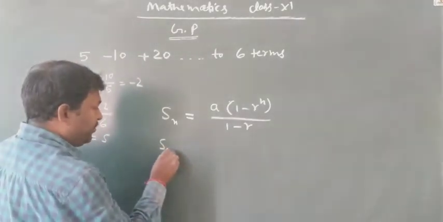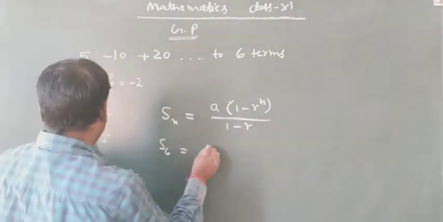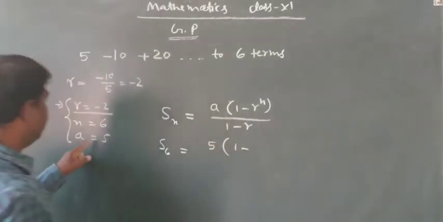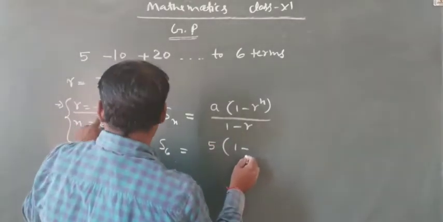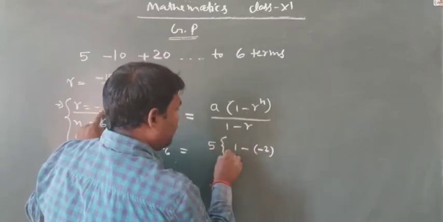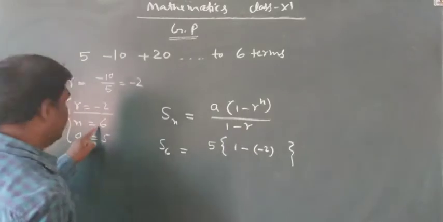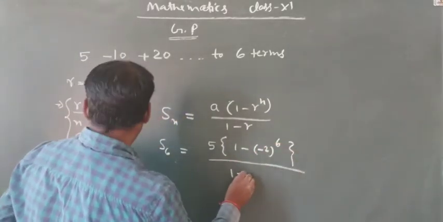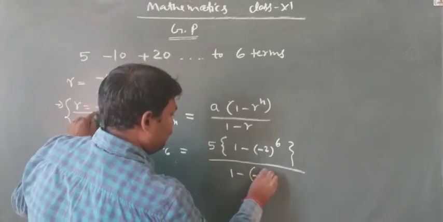For 6 terms, a is 5, r is minus 2, and n is 6, divided by 1 minus r, which is 1 minus (minus 2).